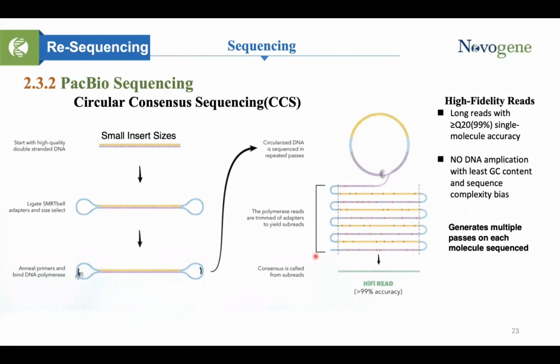These multiple passes may carry errors in particular positions, but they can be combined and corrected by each other to generate a consensus read for the template, defined as the high fidelity reads, HiFi reads, with fabulous single molecule accuracy and the least GC content bias, as well as sequencing complexity bias.